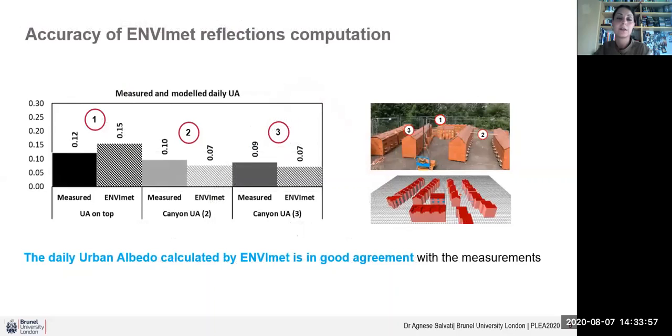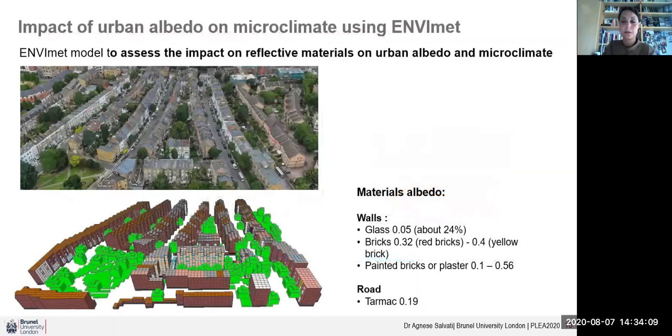But the overall performance, so the daily urban albedo calculated by ENVI-met, is in very good agreement with the measurements on the scale model. So a second step of this research was aimed at assessing the impact of reflective materials applied to facades and roads on the overall urban albedo and the microclimate at the street level in London.